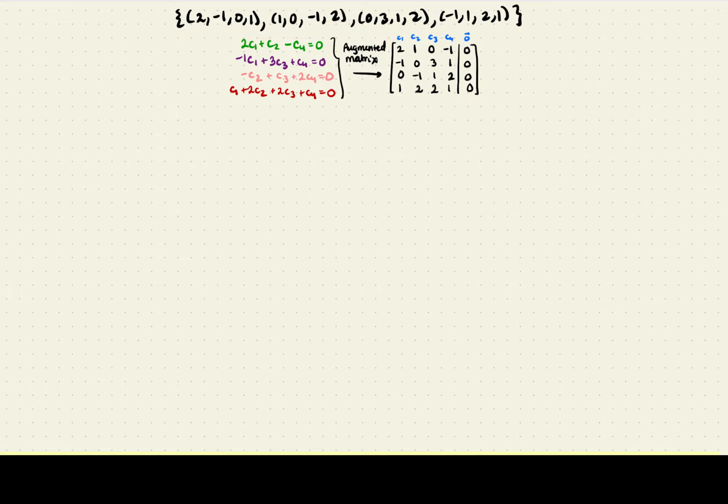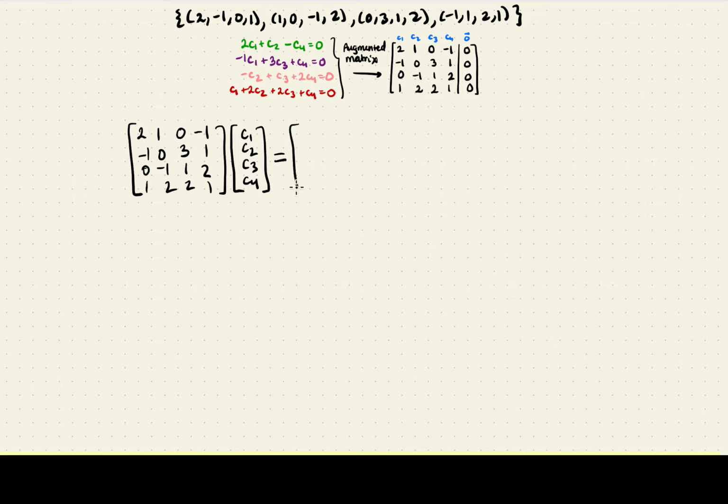Now I can rewrite this augmented matrix as a matrix equation where I've got my coefficient matrix, 2, 1, 0, -1, -1, 0, 3, 1, 0, -1, 1, 2, 1, 2, 2, 1, times a column vector full of the constants C1, C2, C3, C4, and I'm setting that equal to a column of zeros.